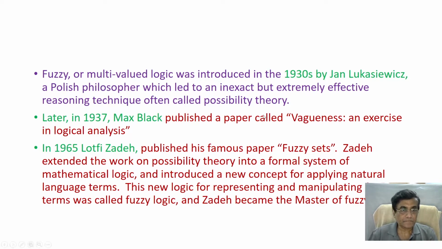So you see, 1930s, 37, and then of course 1965. In those days, the computation power was very limited, and since the fuzzy word was attached by Jan Lukasiewicz, who wanted to communicate with multi-valued logic, people thought the logic is fuzzy.